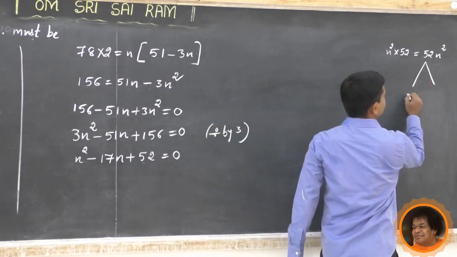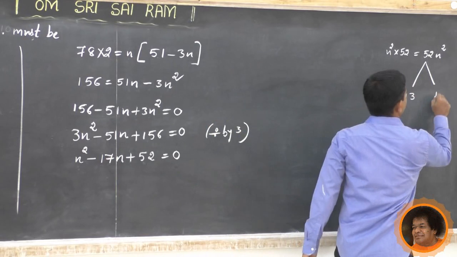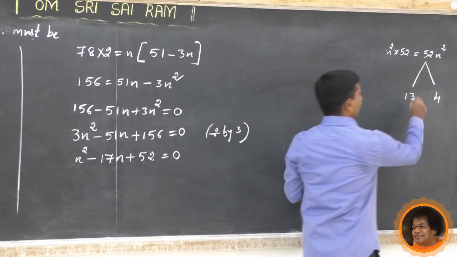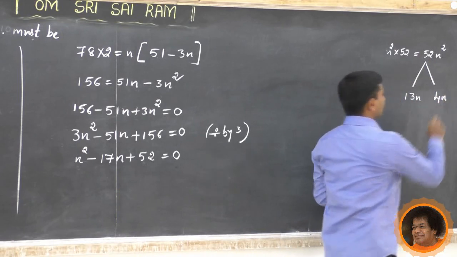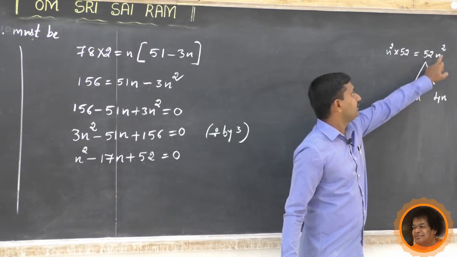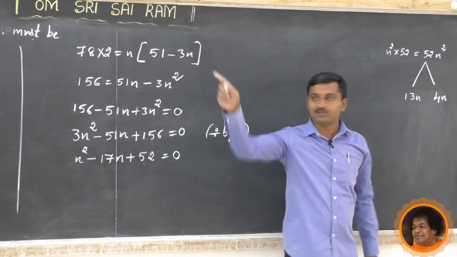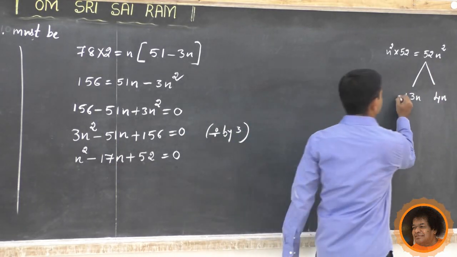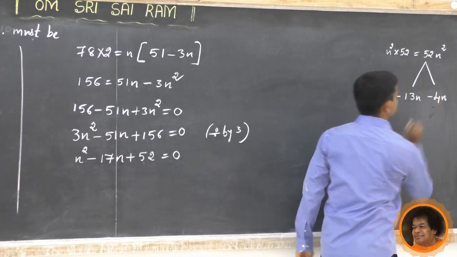The factors: 13 4s are 52. What about n square? n into n. So their product is 13 into 4, 52, n into n, n square. Just go through the sum. The sum is minus 17n, so the sign becomes minus 13n minus 4n.